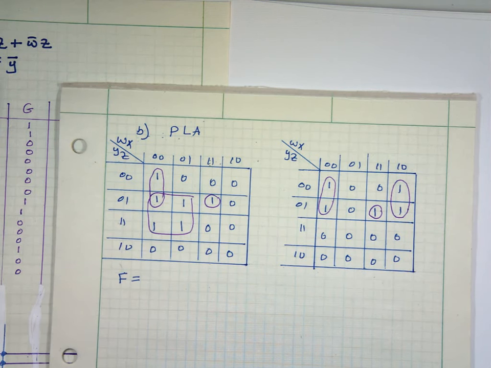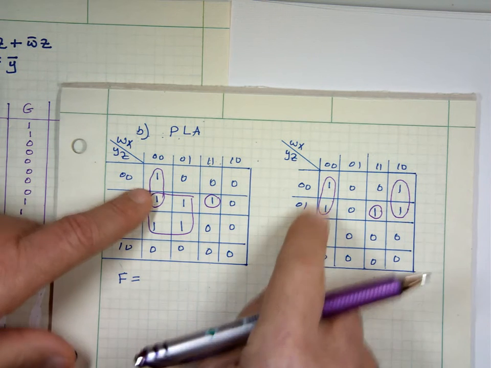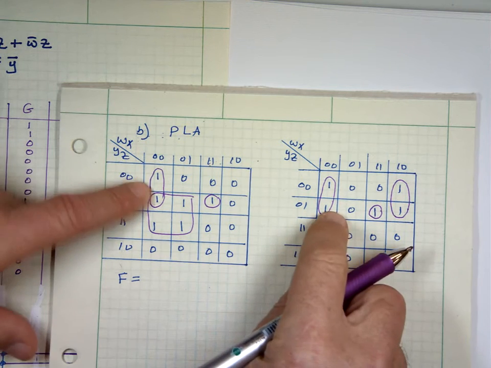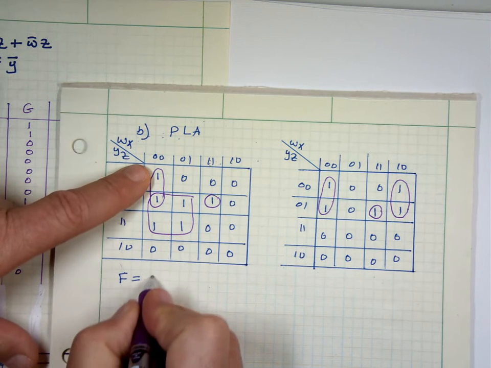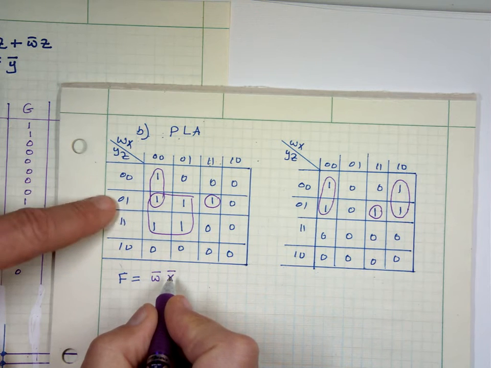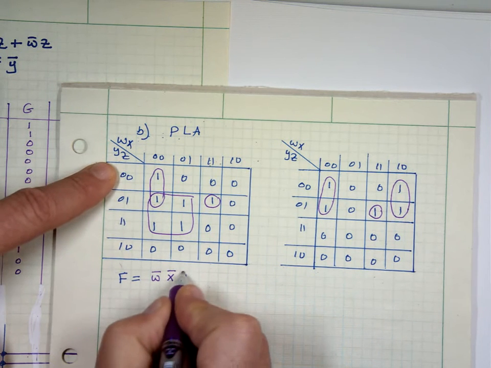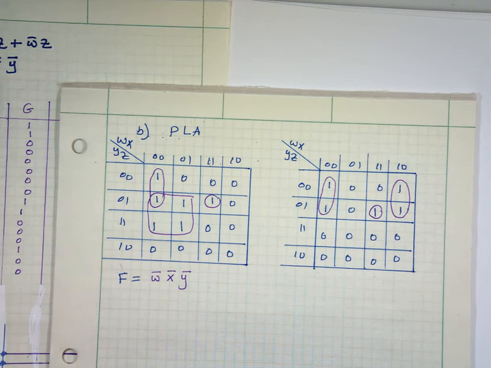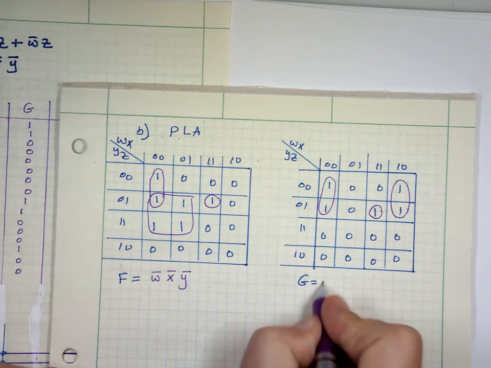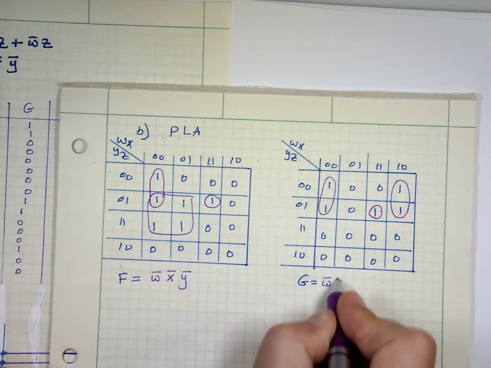Right? So the top one here, that's common to both of them. This one here, up and down, that's what? W bar, X bar, and Y bar, right? And that's the same for G. W bar, X bar, Y bar.